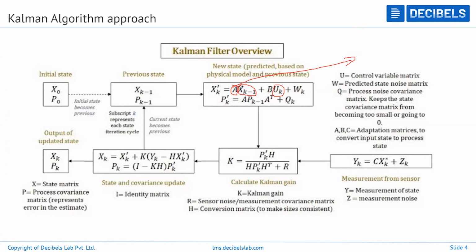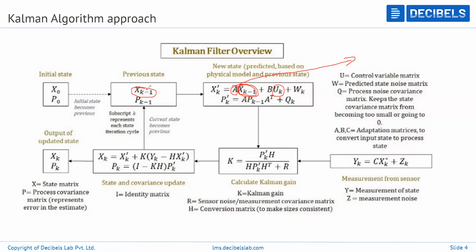For example, this is x of k minus 1, which represents the previous state, from the previous time step.